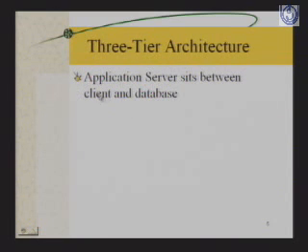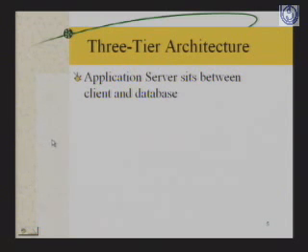Now let us see 3-tier architecture. In this 3-tier architecture, you have your client side, then the application runs on the server side, and that particular server is between your client and database. If I say the client is here, the database is here, then the server comes in between and performs some operation.